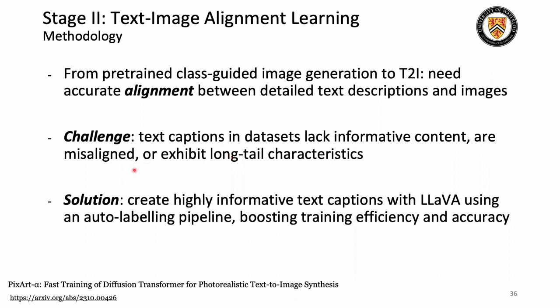So to counter these issues, PixArt Alpha implements a solution that involves creating highly informative text captions with the help of LAVA, a large vision language model. By leveraging LAVA in an auto-labeling pipeline, PixArt Alpha aims to improve the informativeness of the text data, thereby enhancing the training efficiency and alignment accuracy.